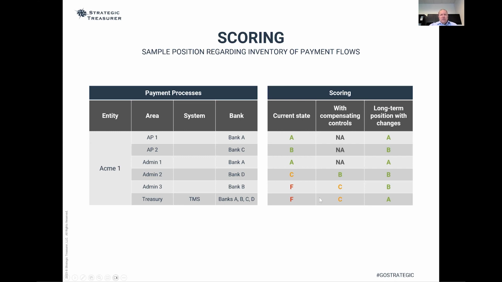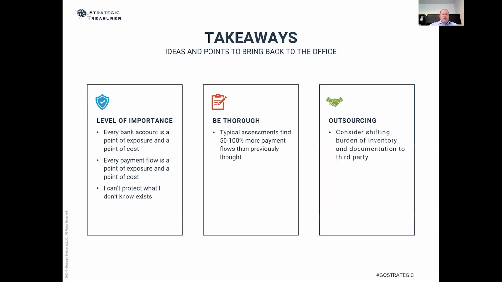If you have a C, it's not adequate, but a compensating control gets you there. And now you're making some changes. Maybe you're putting in a payment hub, offered directly from a vendor, from a TMS that is a payment hub. This provides some opportunities there. So scoring and seeing what these are with the compensating controls and the list of actions is vital.